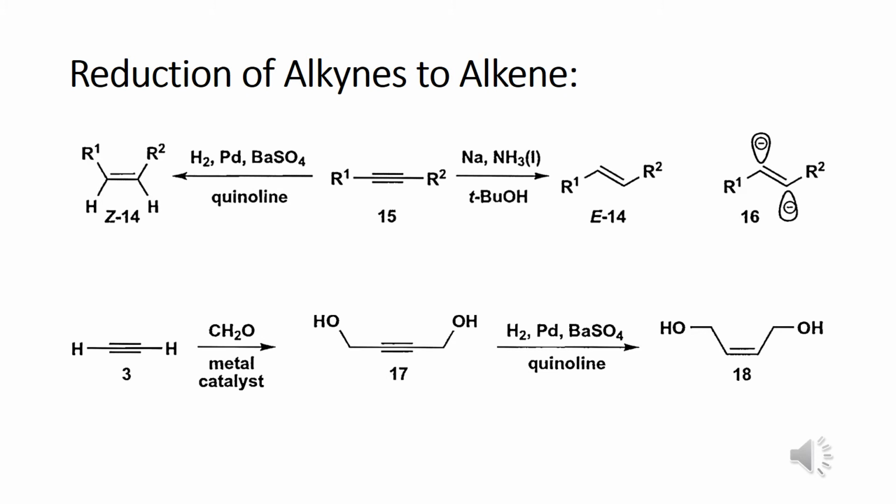Addition of solvated electrons formed when sodium metal dissolves in liquid ammonia may give the dianion, that is structure 16, with the two negative charges in sp2 orbitals as far from each other as possible, and certainly it gives the E isomer, that is structure 14, on protonation with a weak acid such as tertiary butyl alcohol.